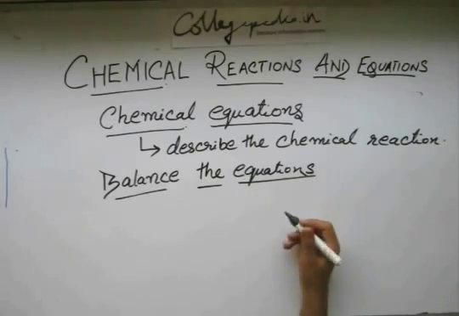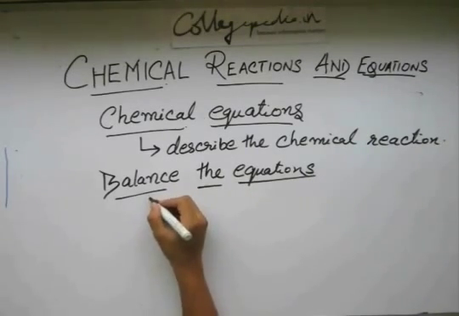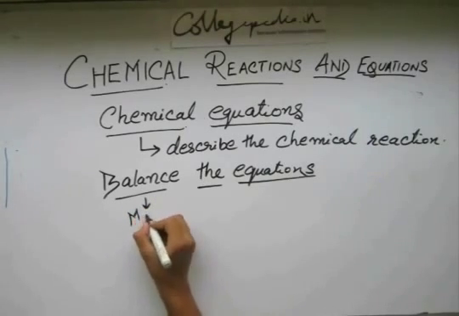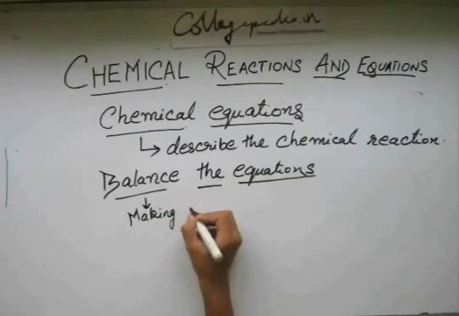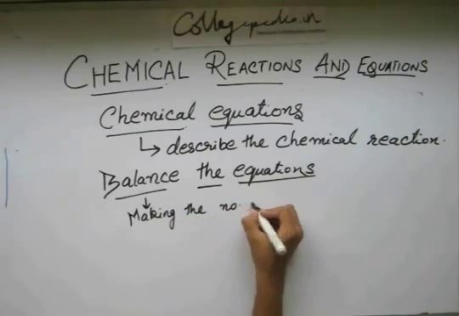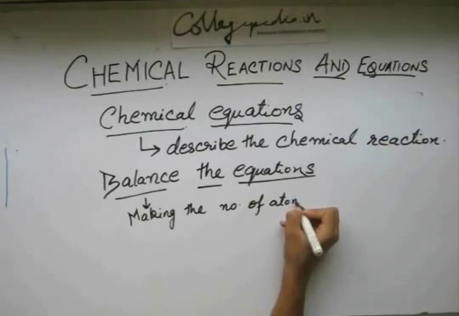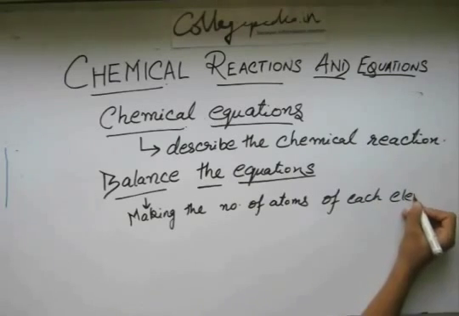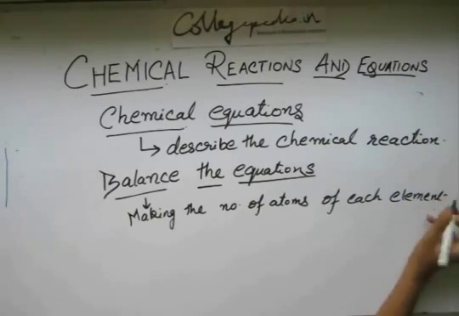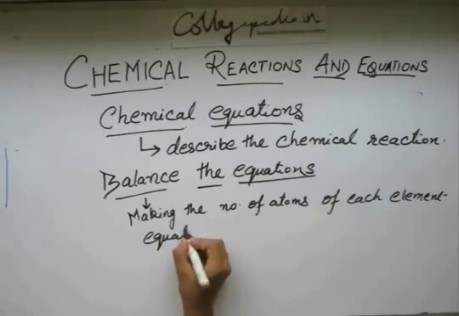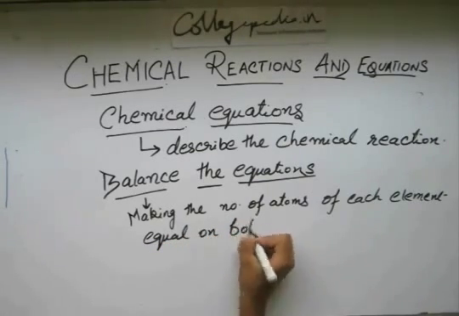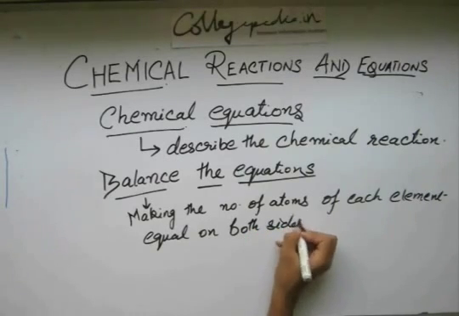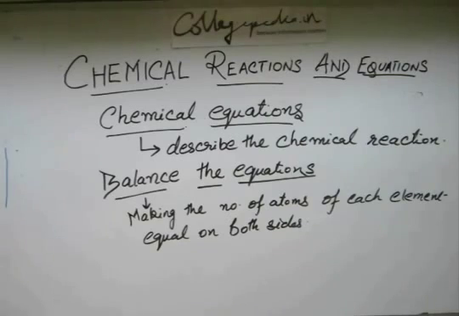What you mean by balancing the equations is making the number of atoms of each element equal on both sides. You should make the number of atoms of each element in the reactants as well as the products equal on both sides.